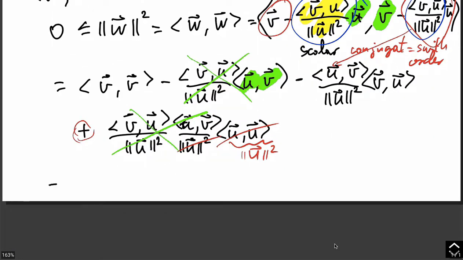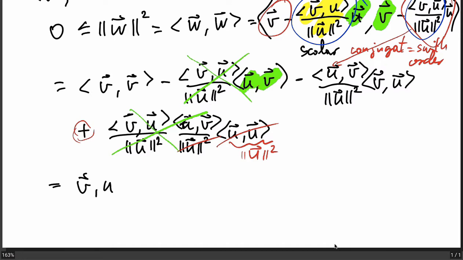We are left with V inner product V, which by the way is V norm square, and then minus, here we have U inner product V, V inner product U.